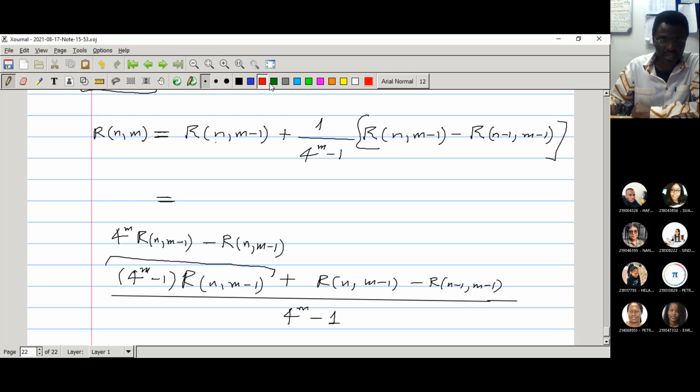So you see, and you agree with me, you don't need a revelation to see it. You just need to have your eyes open. Cancel like that. You see, you cancel out this and this, break this into 2. Now you see that you have 2 terms now. You have first one times a factor of 4 to the m minus this one.